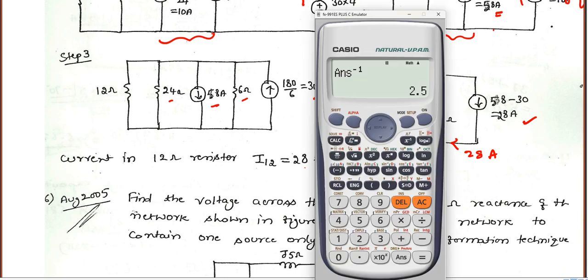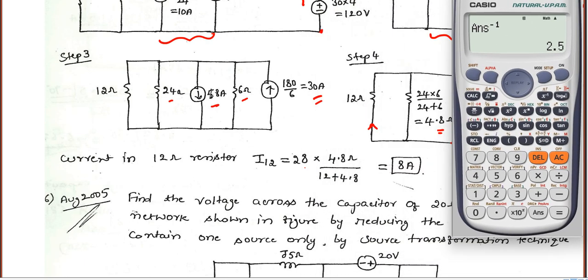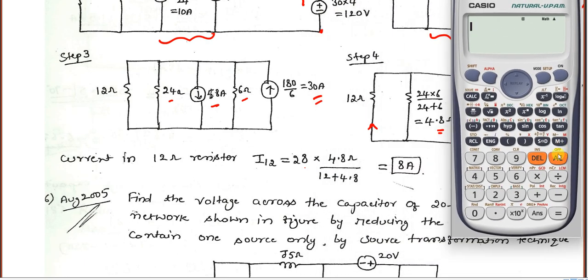So let me do this. 28 is the main current. The resistance opposite to this one is 4.8, divided by 12 plus 4.8. You get 8 amps.